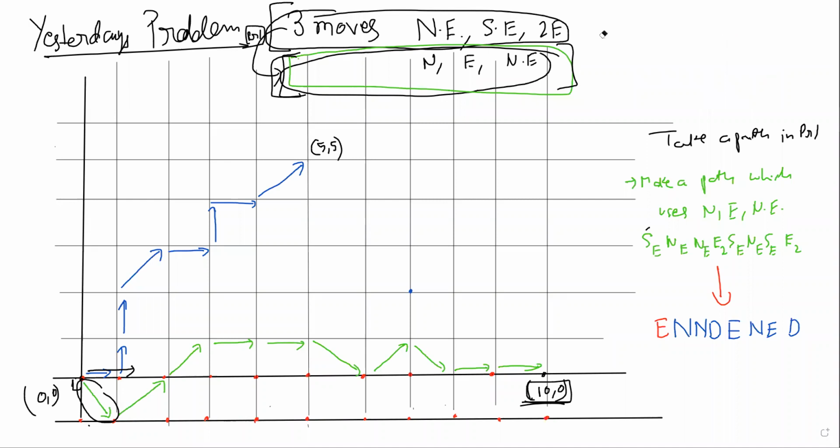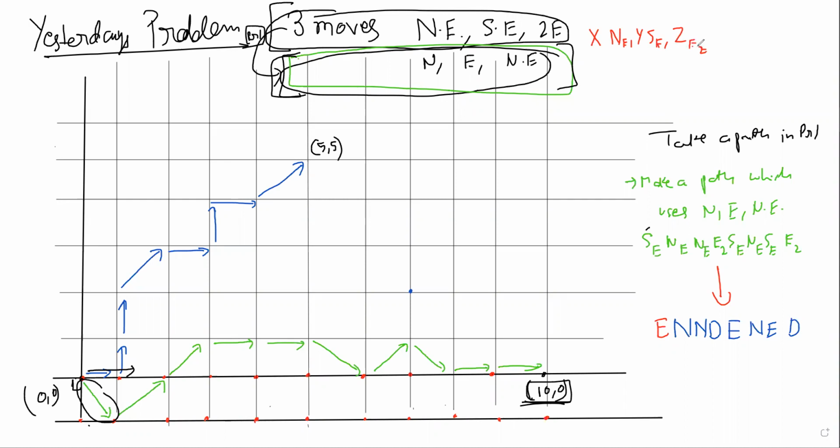Let's say that in the first one, you're making x northeast moves, you're making y southeast moves. I'll just take 5 more minutes, not more, because we should sleep on time. And let's say you're making z e2 moves.